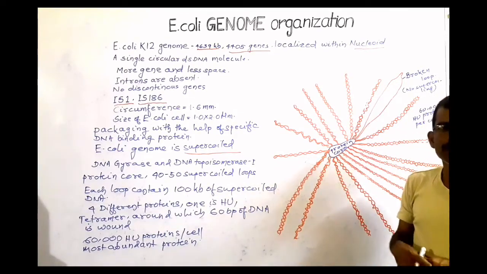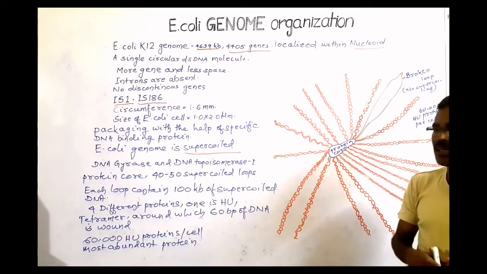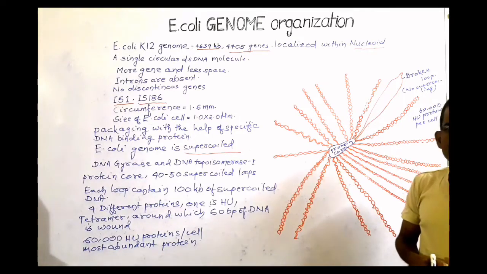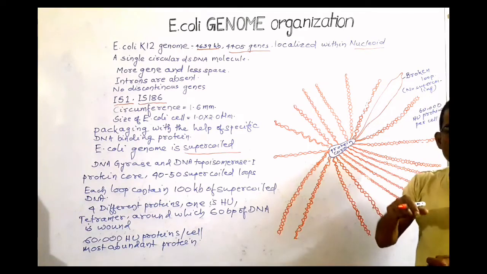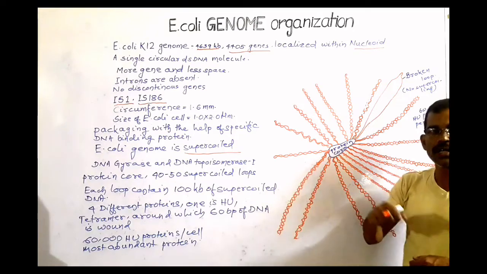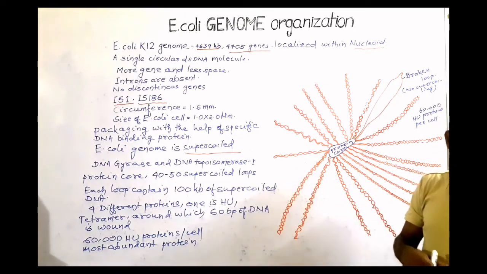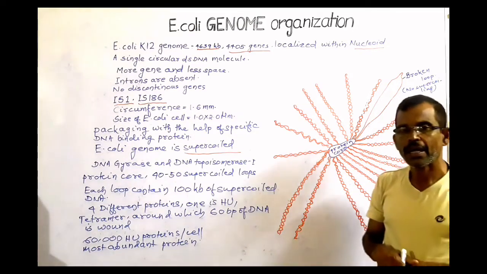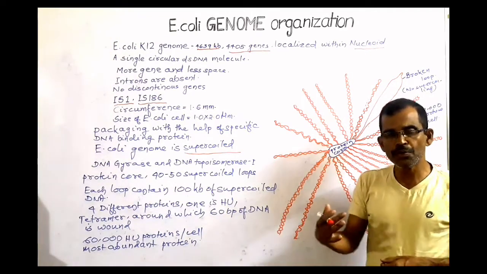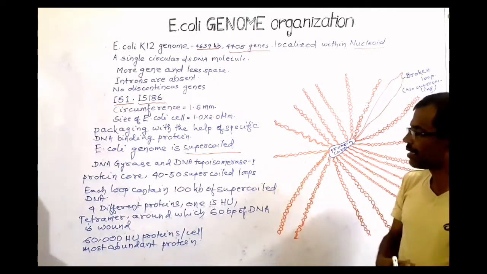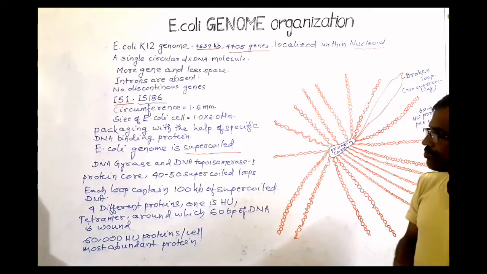Supercoiling is of two types, positive supercoiling and negative supercoiling. When additional turns are introduced into the DNA double helix, that causes positive supercoiling. And when turns are removed from the DNA double helix, it creates negative supercoiling.